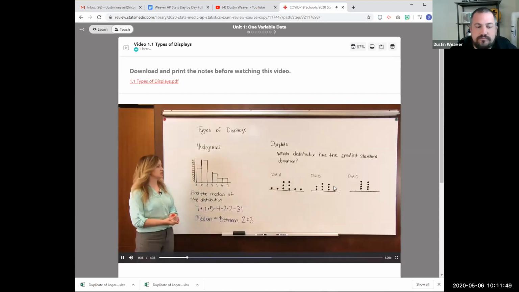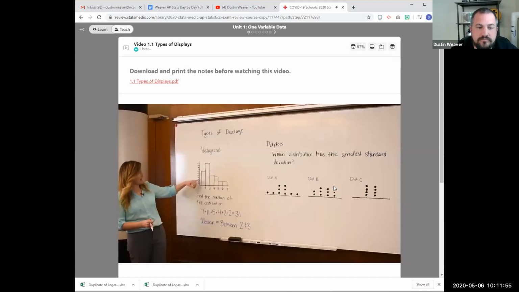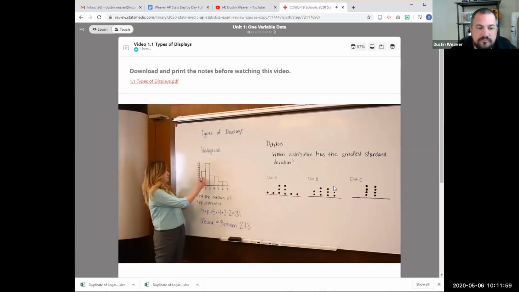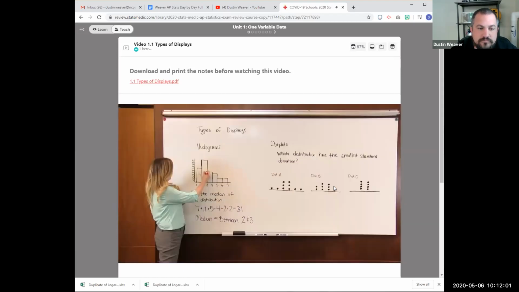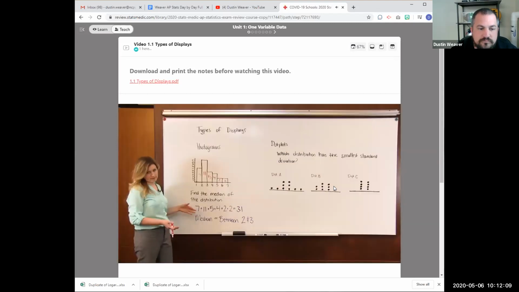A very common question is that you are asked to find the median or the mean. So for this display, I'm going to start by counting off or numbering off how tall each bar is. This first bar is 7, got 11 on this one, about 5, 4, 2, and 2. Now the reason I'm doing that is because we need to know how many data values we have total.